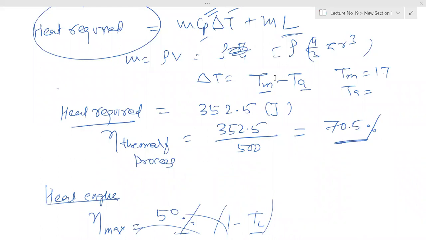There is no conductive loss, but there may be convective loss or radiation. It may be radiation, it may be convection. Very good.